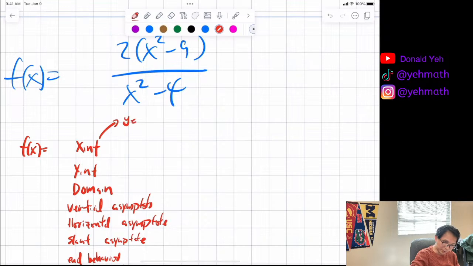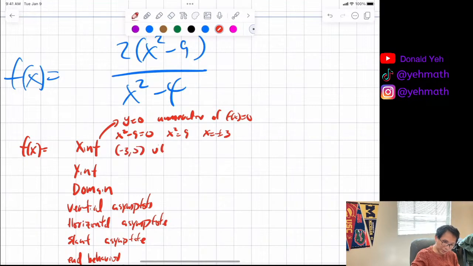This means y equal to 0, which means the numerator of f of x equal to 0. Same thing, because you can do x squared minus 9 equal to 0, x squared equal to 9, x equal to plus minus 3. So it's going to be negative 3, 0, union 3, 0. So those are the 2 x-intercepts.